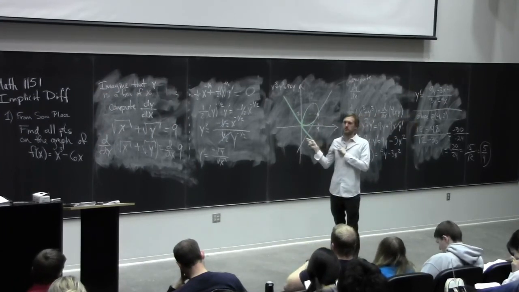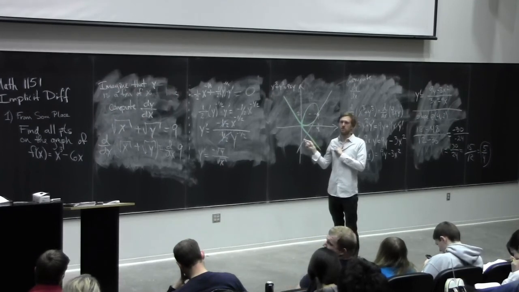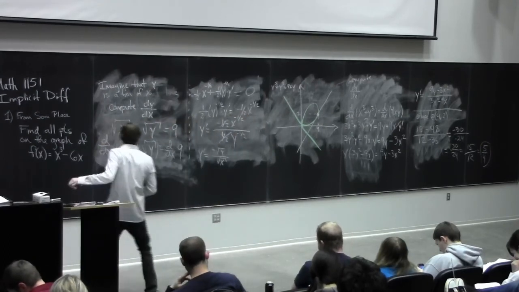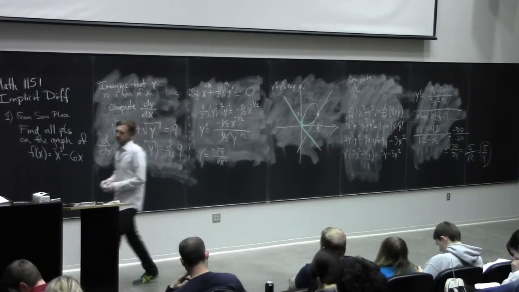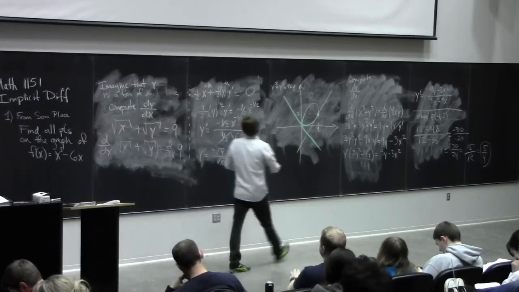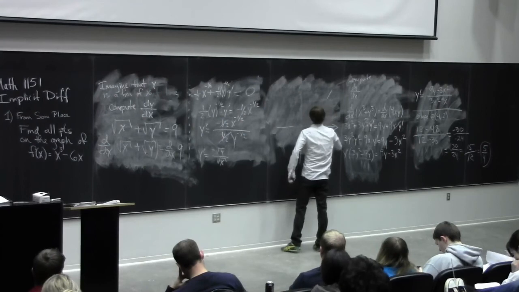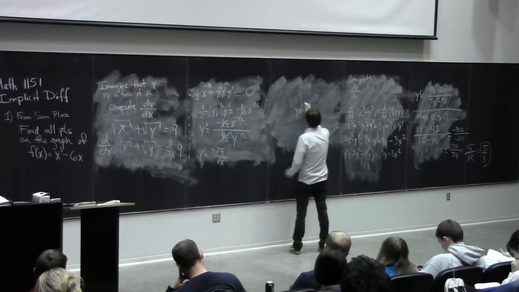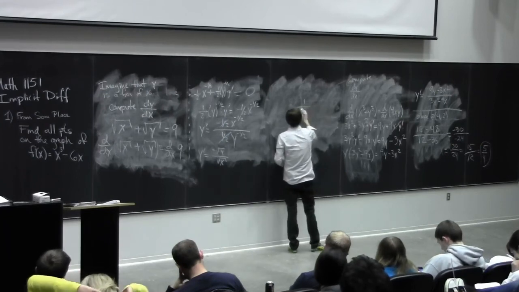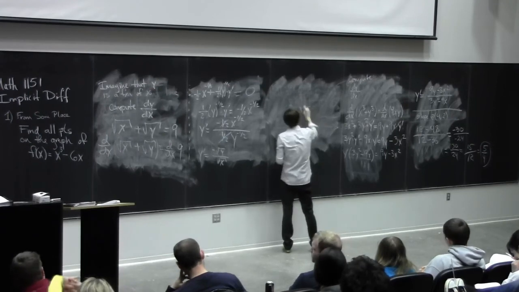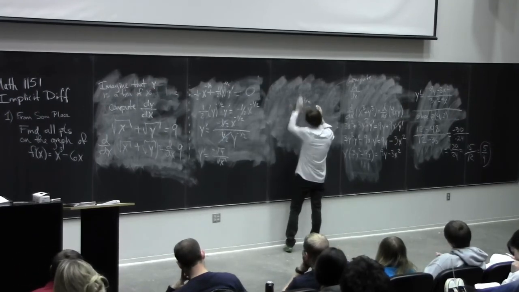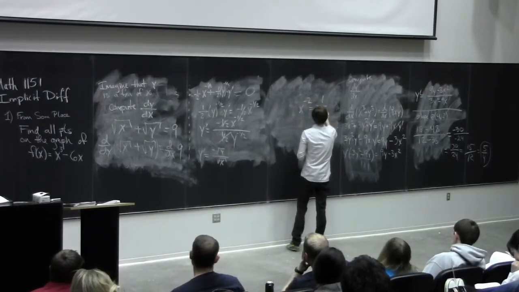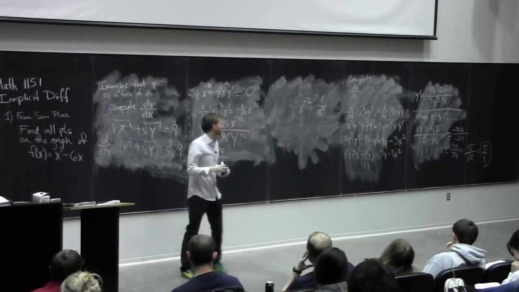Is it okay? Can you ask me a question? Why did I flip it? Let me explain that one more time because that's pretty confusing. Remember that x to the minus 2 is equal to 1 over x squared.